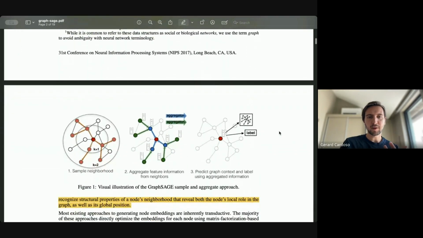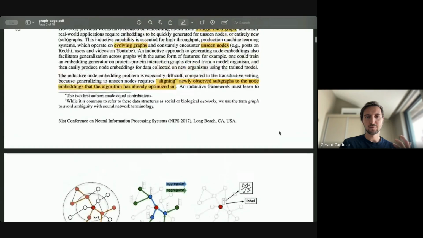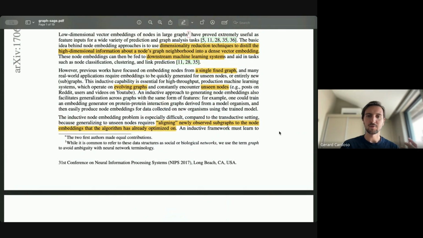So as I mentioned, the state of the art at the time was this transductive approach.